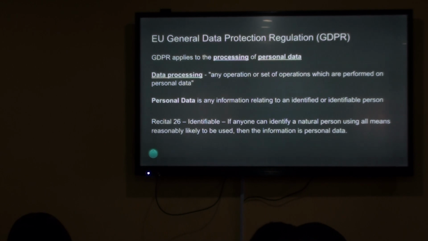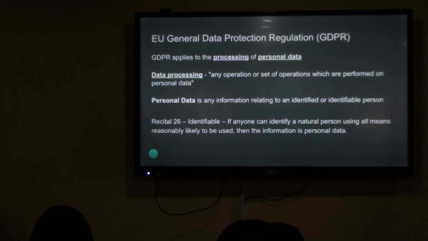They've started thinking about how to include post-mortem data in the provisions of the GDPR. So it doesn't apply to dead people, it applies to living persons. And identifiable means that anyone can identify a natural person using all means reasonably likely to be used. That is a very important clause there: all means reasonably likely to be used. And I'll come back to that.